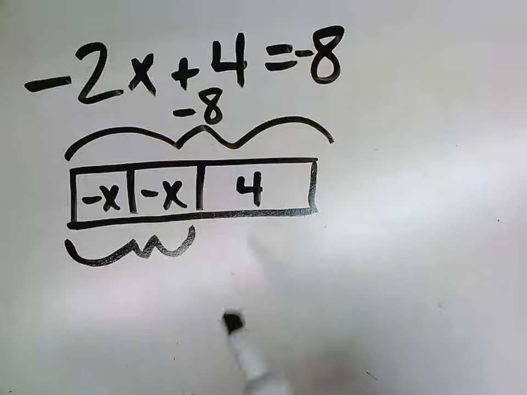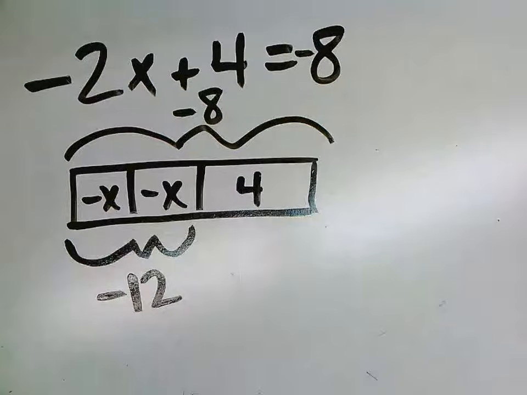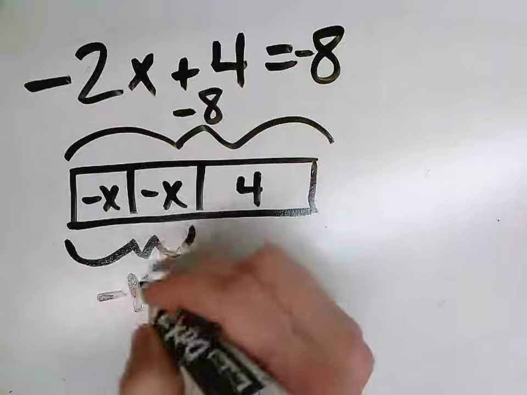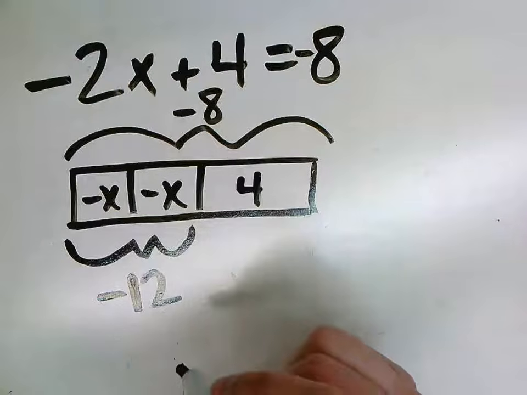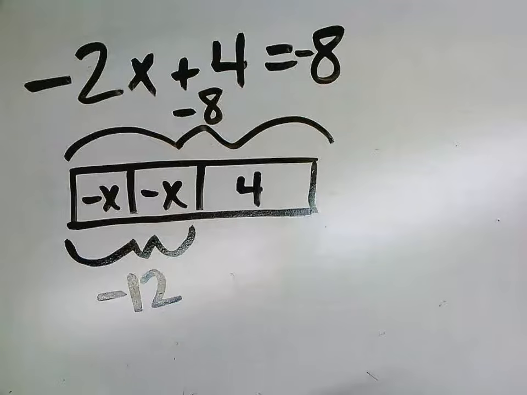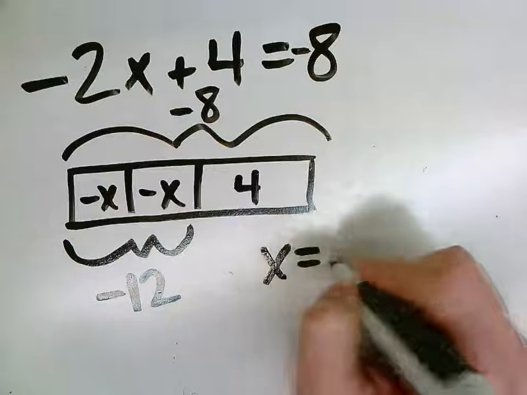Well, in order to get to negative 8 with a 4, I would need to add a negative 12, or subtract 12. This is the part that we have to be careful about, because now if I'm moving negatives into these groups, I'm going to move 6 into each group, but I'm moving negatives into negative groups, and the double negatives are going to cancel out and create positives. So now I would have x would equal 6.